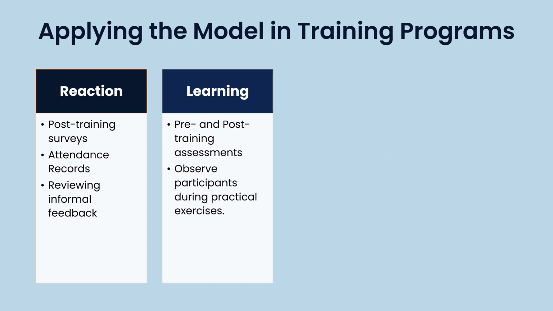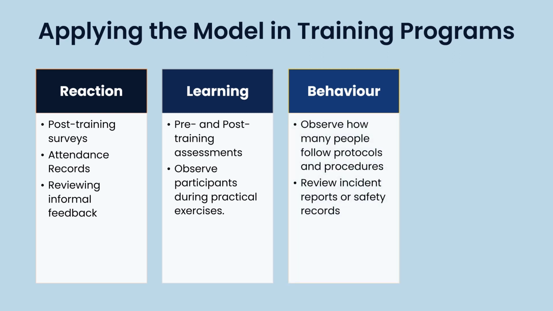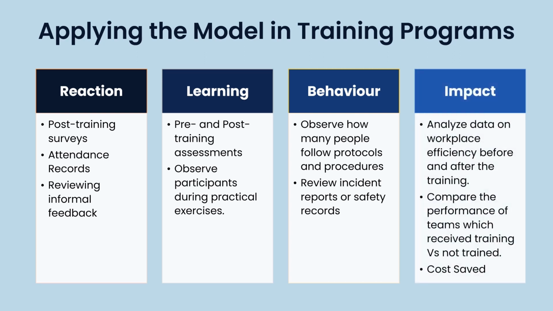Observe participants during practical exercises. Next, for behavior assessment. For this you can observe how many people follow protocols and procedures. Review incident reports. Performance reviews. Lastly, to evaluate impact, you can analyze data on workplace efficiency before and after the training. Compare the performance of teams which received training versus not trained. Cost saved.